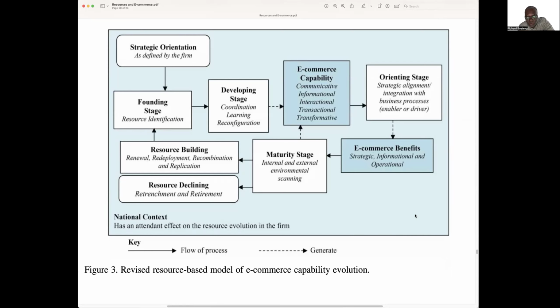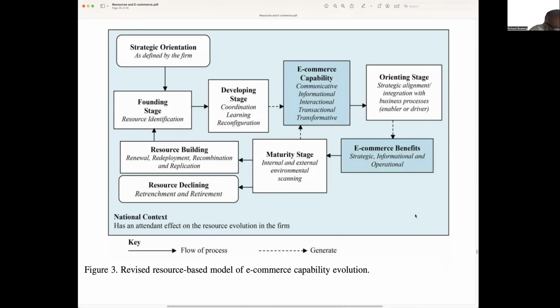And if the benefits are that good, it will then lead to a point in time that you think the resource has reached a maturity stage. And there you can think about decline or rebuild the resource back into the foundational stage. So that is what is happening. And then all of these things happen within the context, which we call the national context, and has an influence on the whole process.